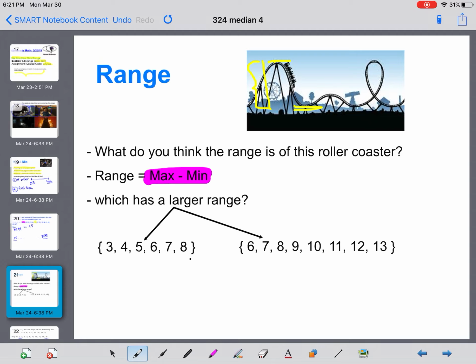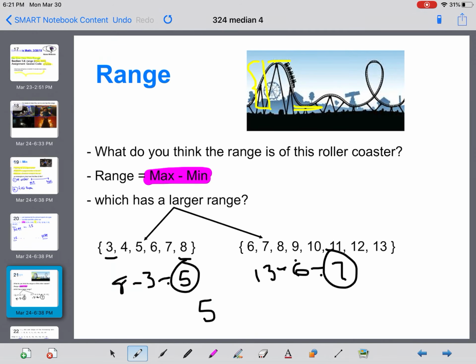Which one has the larger range? Well, luckily these are in number order, so we can take our max minus our min. 8 minus 3, we would get 5 right here. Well, right here we can do 13 minus 6, and we would get 7. Which one's larger, 5 or 7? Well, obviously 7.